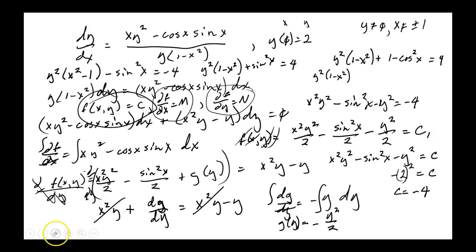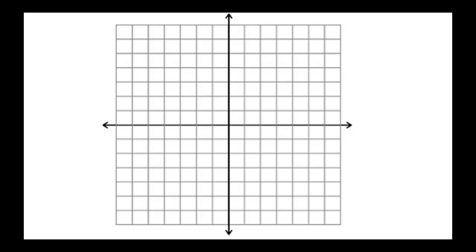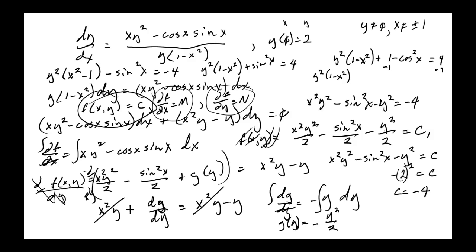And subtract 1 from both sides, right? Okay, so these go away. Minus cosine squared x is equal to 3. Does that make you feel warm and fuzzy?